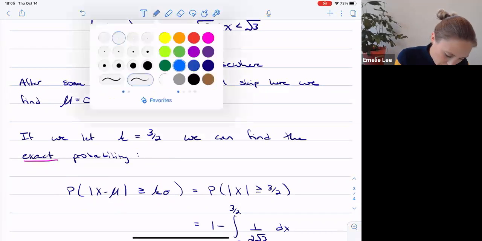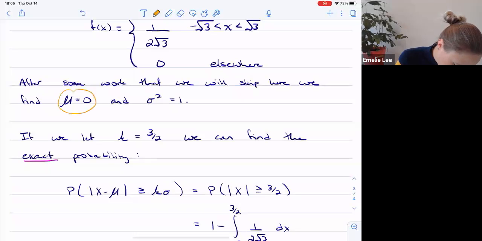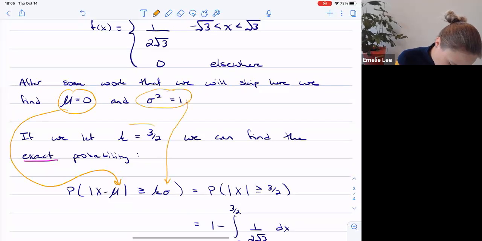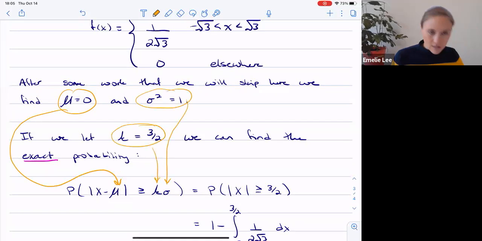Okay, so let me just draw those lines here, like this, and like this, and like this. So when I rewrite it, it looks all simple. I want the probability that the absolute value of x, remember the absolute value of x is kind of this V function, is greater than or equal to 3 over 2.